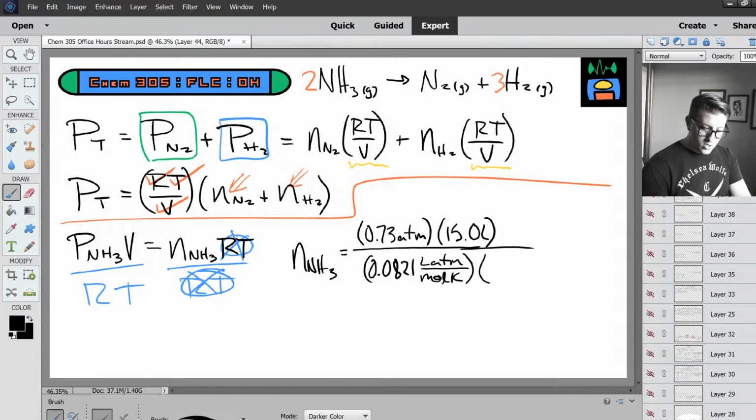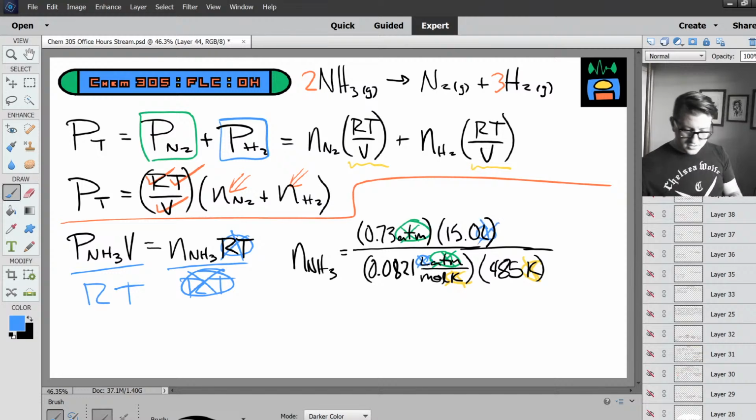our temperature was not given to us in degrees C. Oh, but we already converted that. So that's 485 Kelvin. All right. Now, temperature cancels temperature. Atmospheres cancels atmospheres. And liters cancel liters.